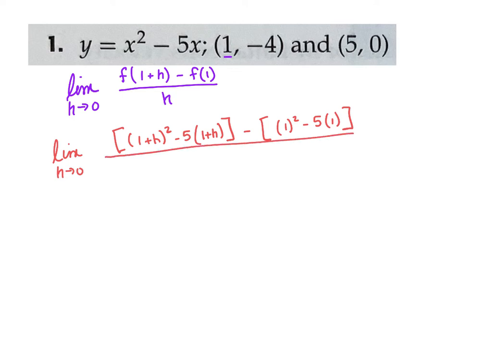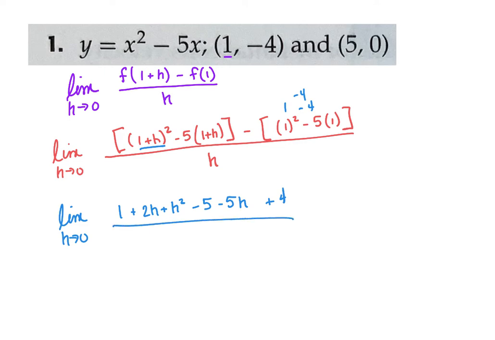All over h. All right. So far, so good. Then I'm just going to simplify this. This one squared is 1 plus 2h plus h squared, distribute that negative 5, minus 5h. This is just going to be 1 minus 5, so this is negative 4, but it's minus a negative 4, so plus 4. All over h. All right.